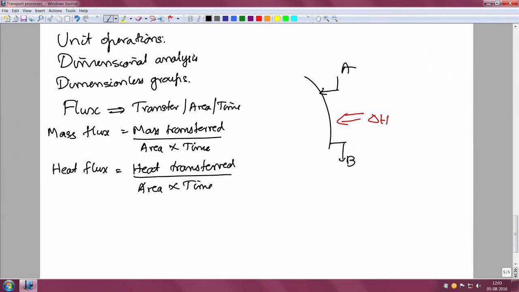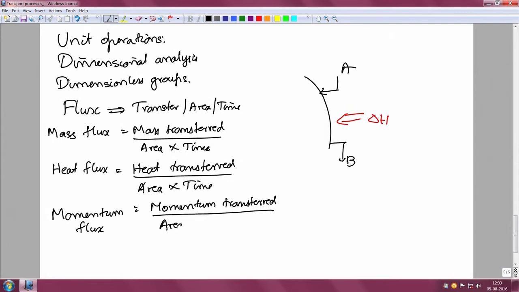And similarly, in the case of momentum transfer, actually the flux is just the shear stress.